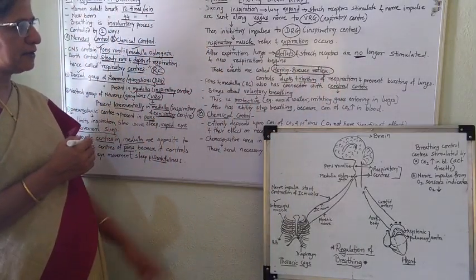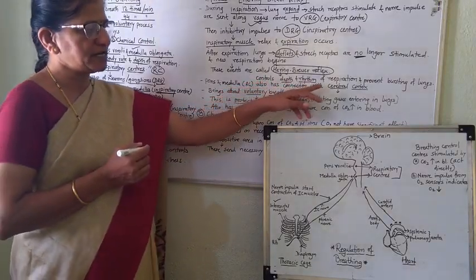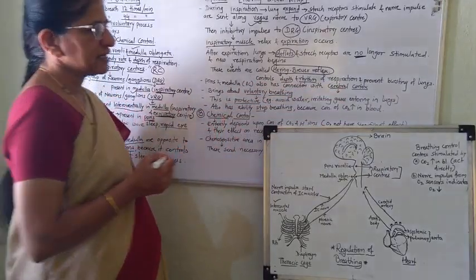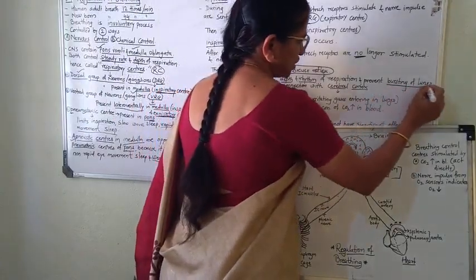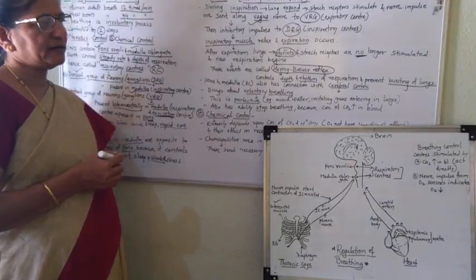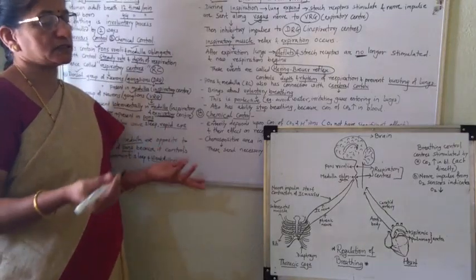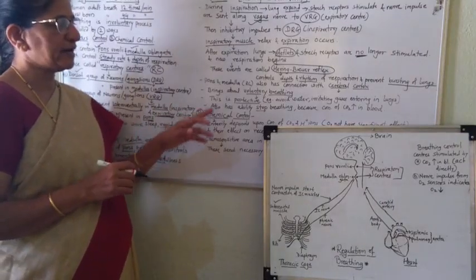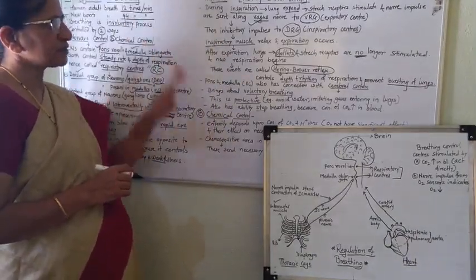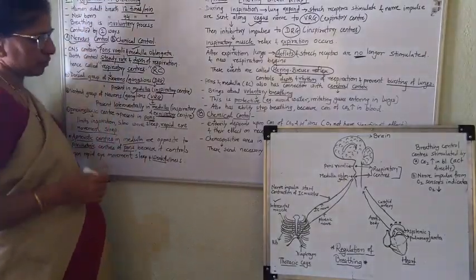So in short, Hering-Breuer reflex controls the depth and rhythm of respiration, and due to this reflex, the bursting, that means overstretching of lungs, is prevented or avoided. Due to overstretching the lungs may burst, and that bursting is also avoided due to this reflex. Yeah? So that is how this regulation of breathing occurs by this nervous control.